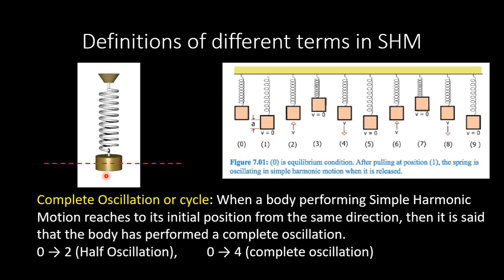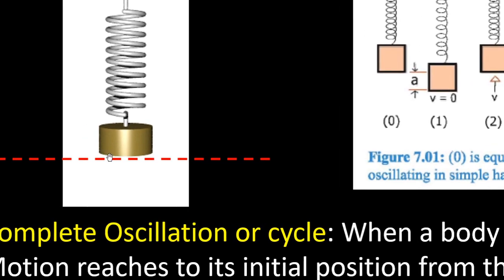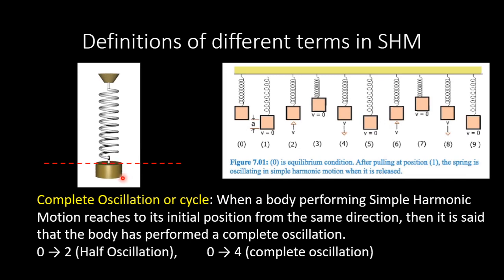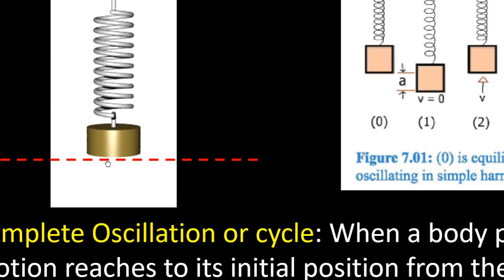That means, here we see the mass is nearly at the equilibrium position, and it will move downward and then upward and then to the same point. So it went downward, then upward, and then again reached the initial position from the same direction. By then we say that it has completed a single complete oscillation.